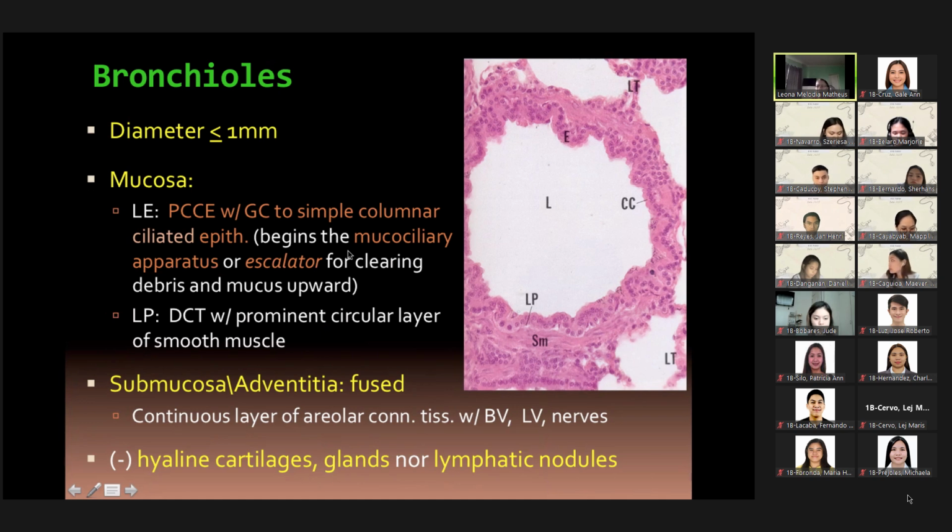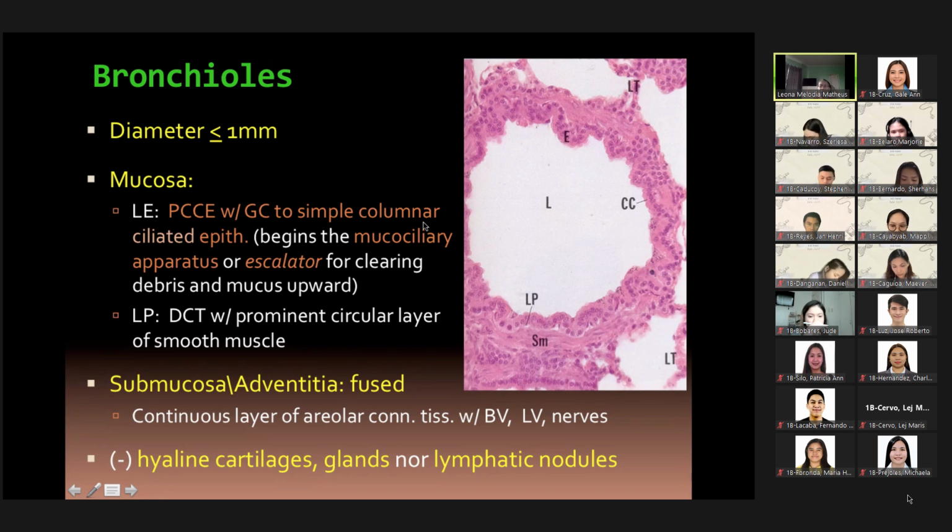For our purposes, let us not consider PCCE with GC, because this is still part of your bronchi. Let us simply consider, for the bronchiole, simple columnar ciliated epithelium. So when I ask what is the lining epithelium of your bronchiole, don't put PCCE with GC. Put simple columnar ciliated.